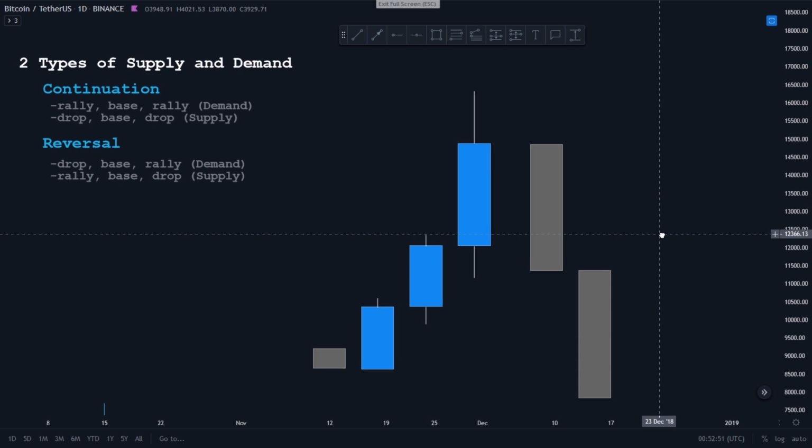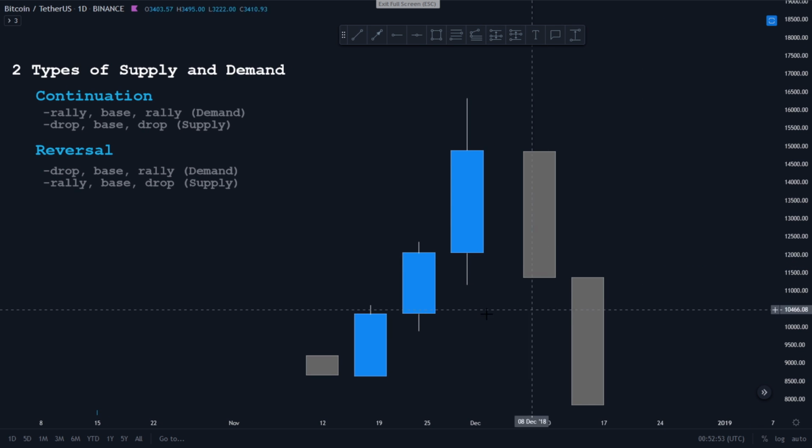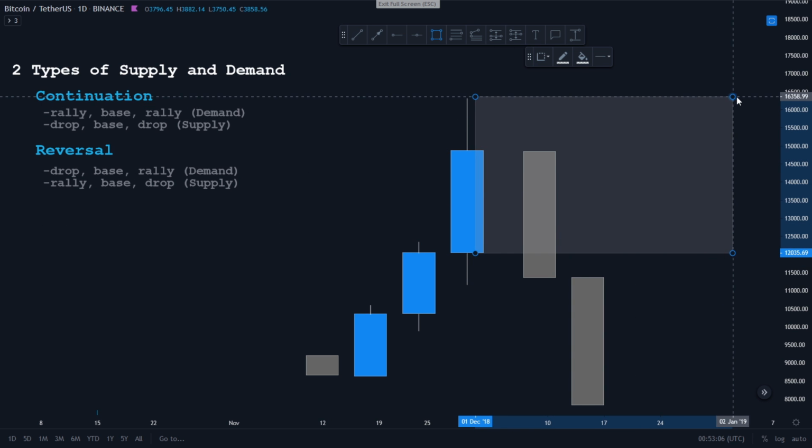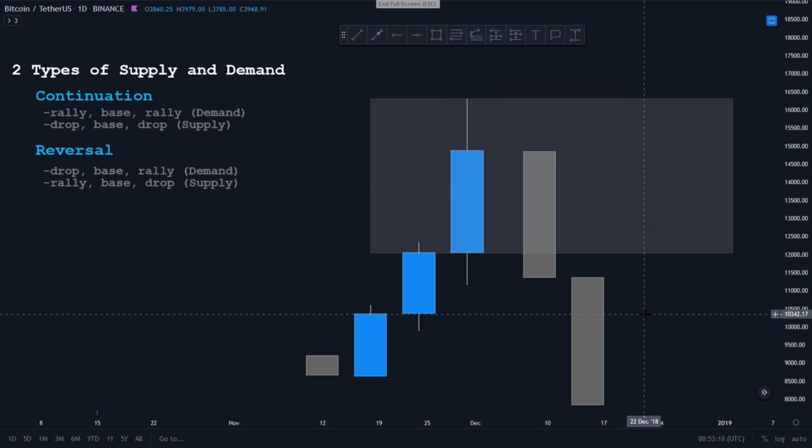Okay, and you would draw the supply zone always from the last bullish candle before the drop, like this. You take the body of the last bullish candle to the highest wick and would draw this as your supply zone.